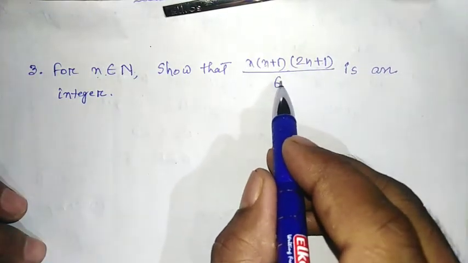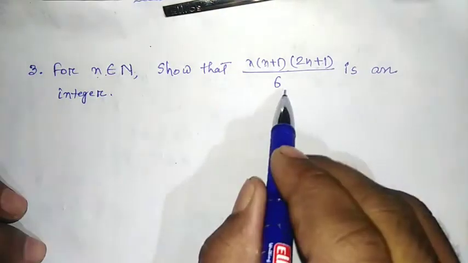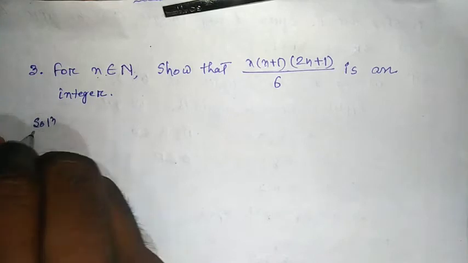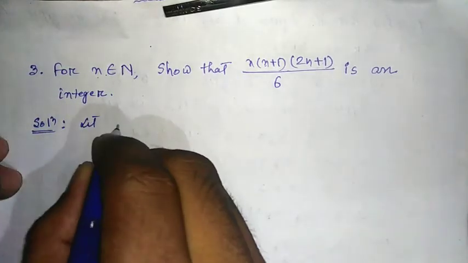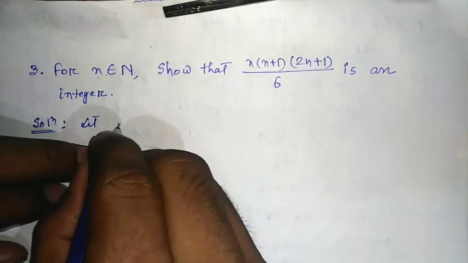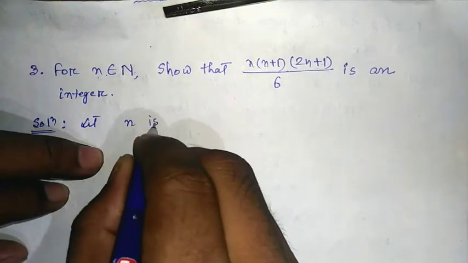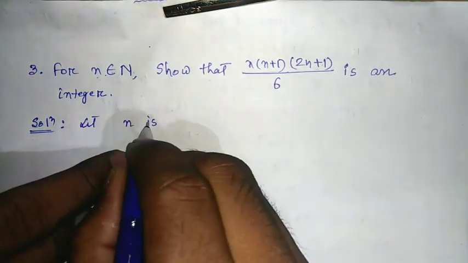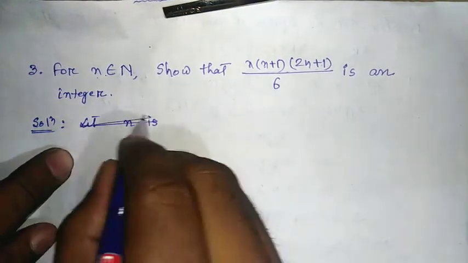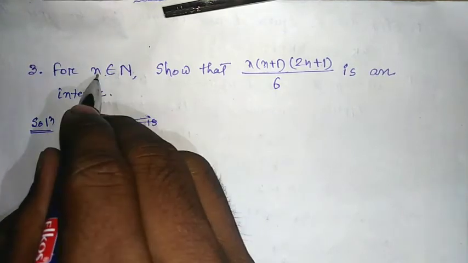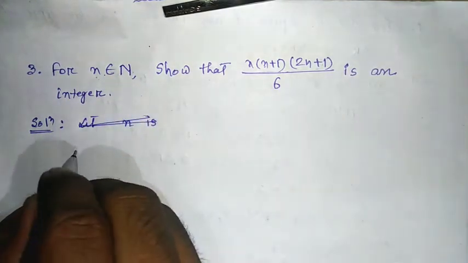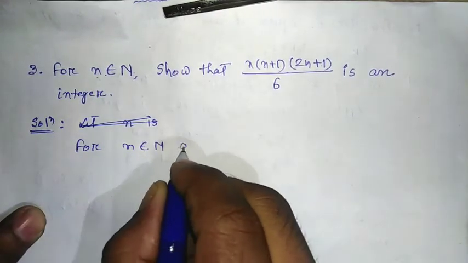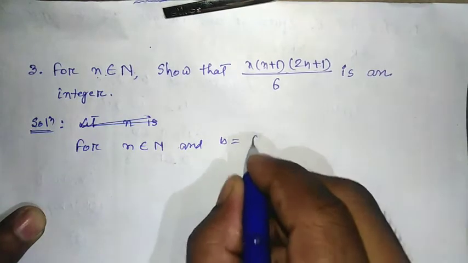So for that we have to take the value of b as 6 in this case. In the same way we have to prove, let n belong to N, since n is given to us in this sum for n belongs to capital N, and b is equal to 6.